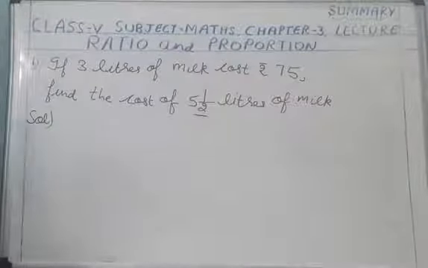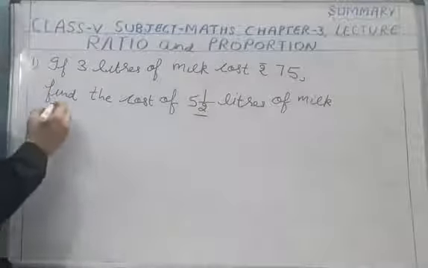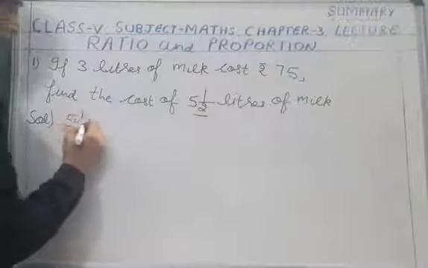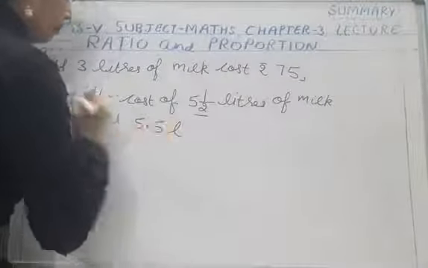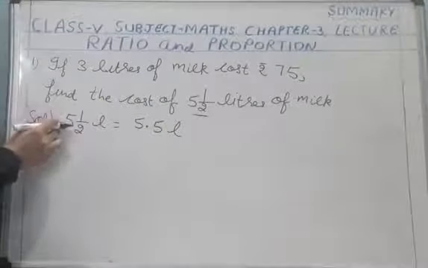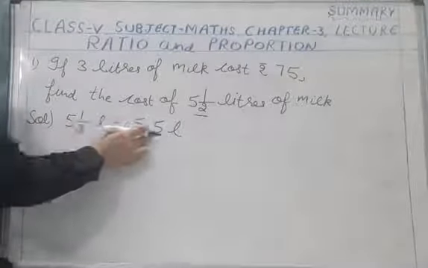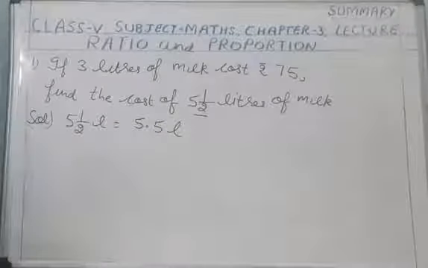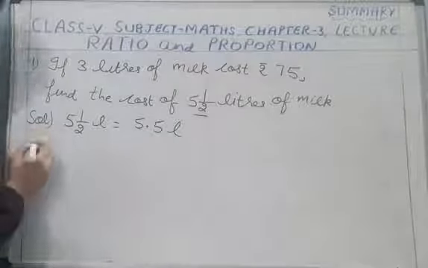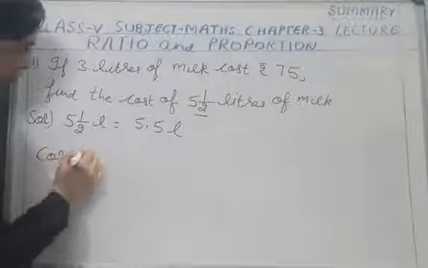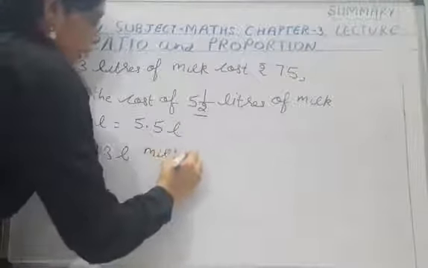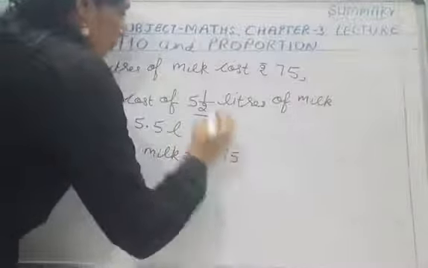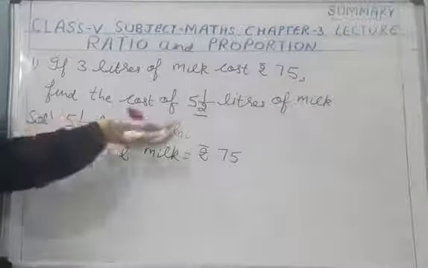Let's see. 5 whole 1/2 liter can be written as 5.5 liter, right? 5 लीटर है और आधा लीटर हो रहा है, हाफ लीटर इज 0.5. So 5 plus 0.5 will become 5.5. So cost of 3 liters milk is equal to rupees 75. अब 3 से डायरेक्टली हम 5.5 को तो निकाल ही नहीं सकते.